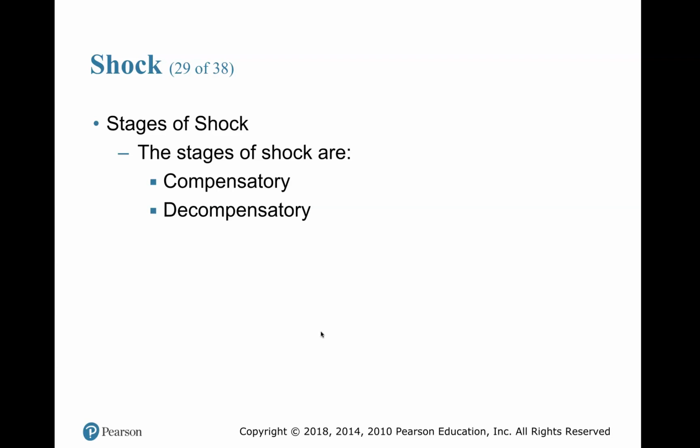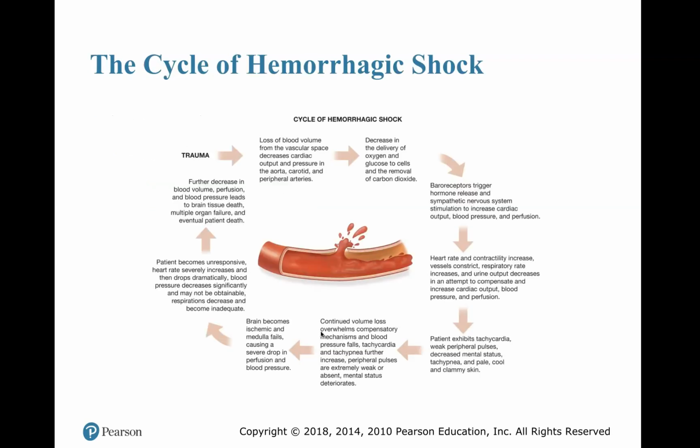Okay, the stages of shock are compensatory and decompensatory. The cycle of hemorrhagic shock: you see at the top, it starts with trauma, right here. A trauma occurs, loss of blood volume from the vascular space decreases cardiac output and pressure in the aorta, carotid, and peripheral arteries, leading to a decrease in the delivery of oxygen and glucose to cells and the removal of carbon dioxide.